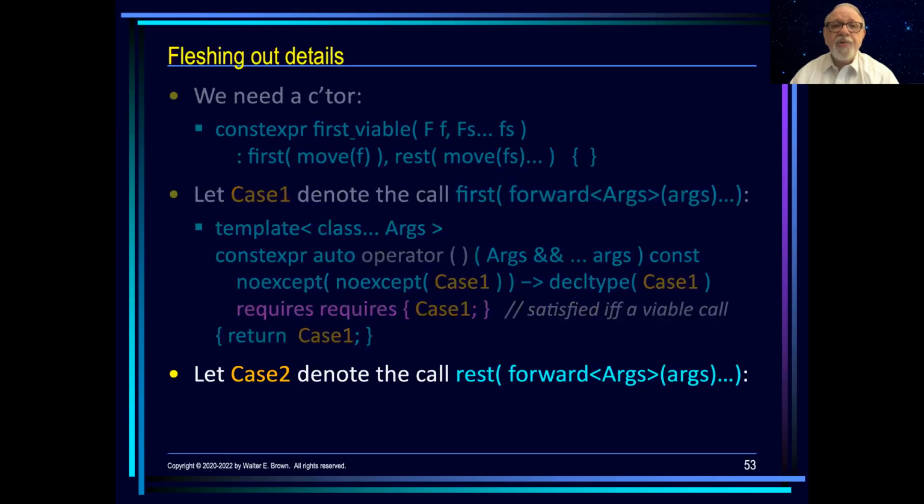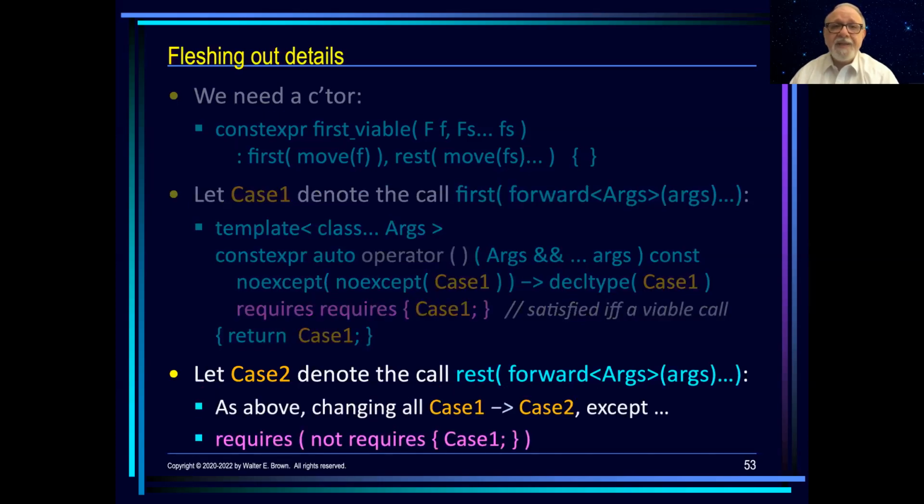Well, case 2 is almost exactly the same, changing almost all the case 1s into case 2s, except the requires clause is the negation of requiring case 1. So if case 1 is not viable, we're going to handle case 2. And that's it. There's really not very much to it.